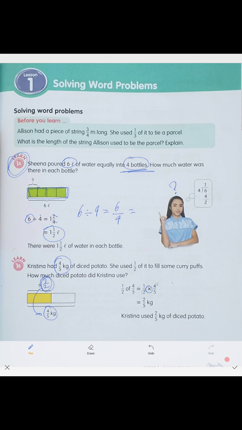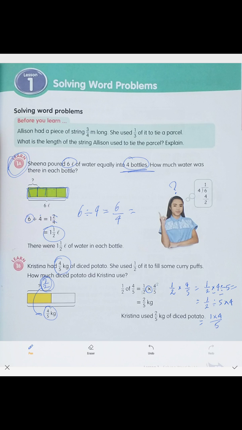So again, 1 over 2 times 4 over 5 is the same thing as 1 over 2 times 4 divided by 5, which is the same thing as 1 over 2 divided by 5 times 4. You can change these operations, right? It's the same thing if you bring this 4 to the numerator. 1 times 4 divided by 5.